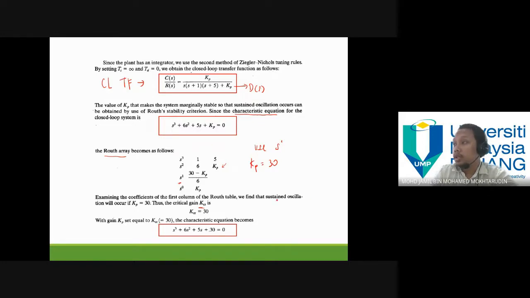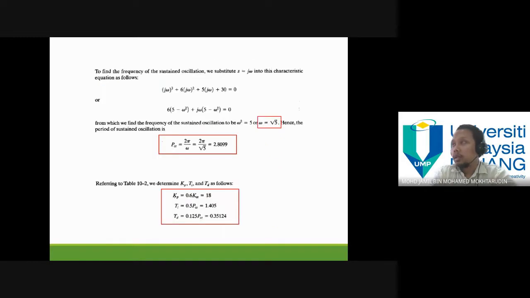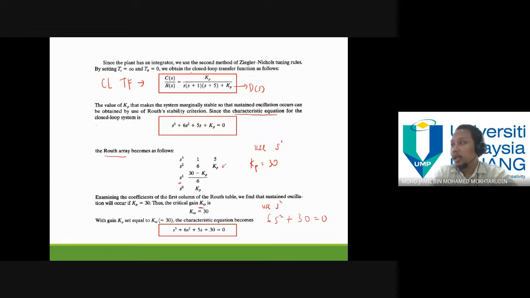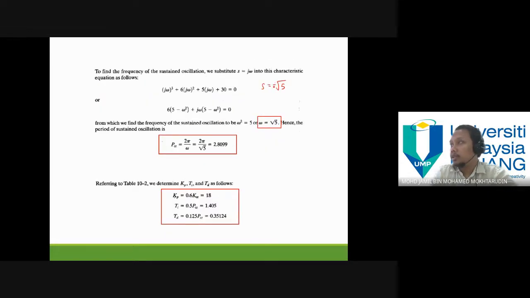So if you substitute in s2, 6s squared plus Kp, 30, equals 0. And then we get s equals square root of 5. Okay, from here, we get s equals plus or minus square root of 5 j.